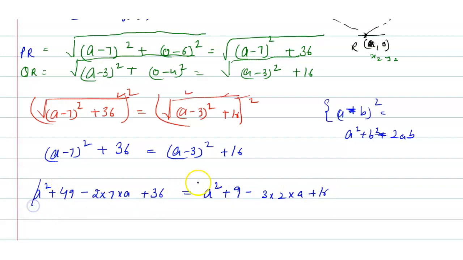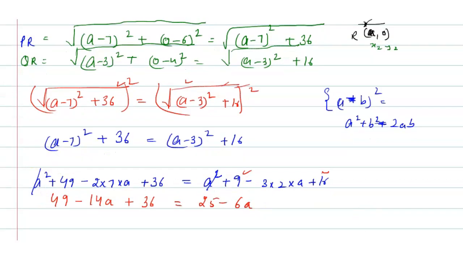Now a² is cancelled, because if a² is shifted to the right-hand or left-hand side, we get a² − a², so it will be cancelled. And the remaining part is 49 − 14a + 36 = 9 + 16, which is 25, − 6a.